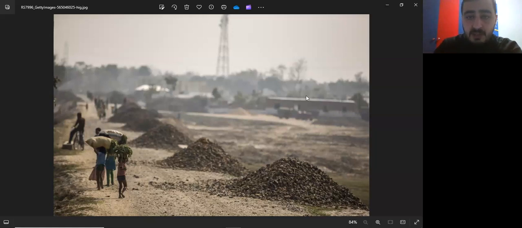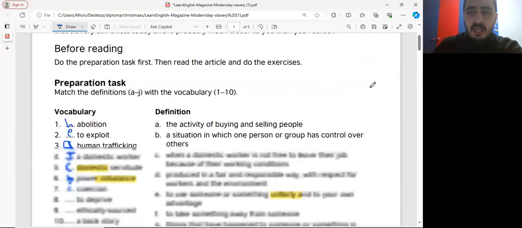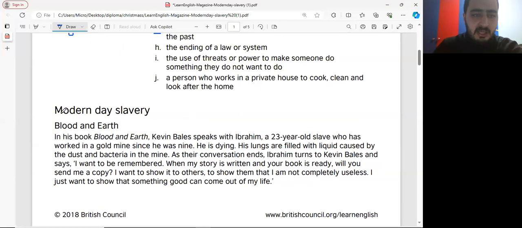Okay, good job, Zahra. So basically that's the picture. This picture is about the article we're going to read today with the title Modern Day Slavery. What do you think about the title? What does it mean exactly in Arabic? Word by word, if you want.